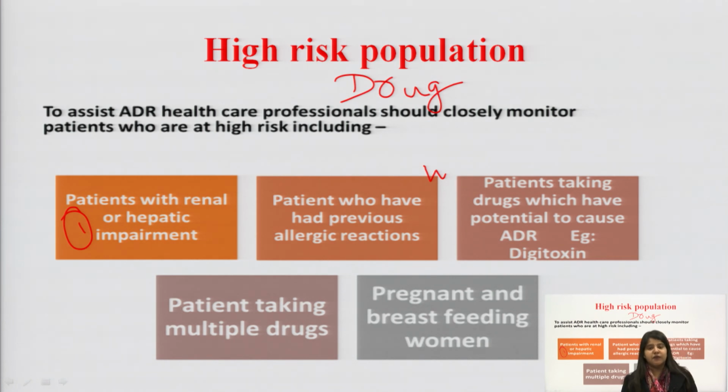Patients who are already suffering from a number of diseases, patients who are comorbid, are already taking a number of drugs, so they are at a higher risk of getting the ADR, right? Patients who are taking multiple drugs, patients who are comorbid, suffering from diabetes, suffering from hypertension, and taking a number of drugs. Polypharmacy plays a major role here.